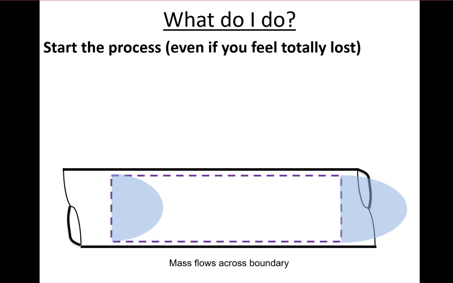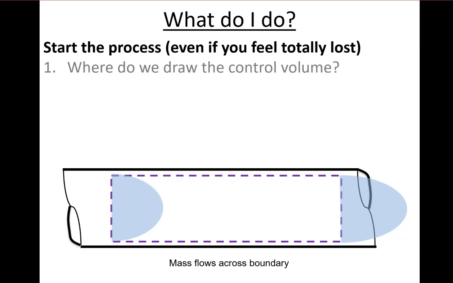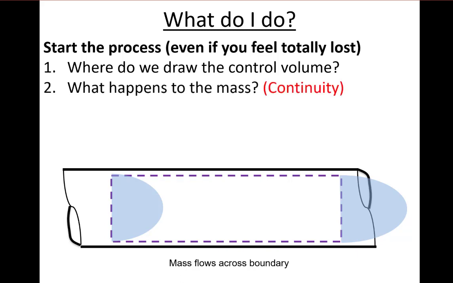I think I said this before last exam too, but generally, if you feel totally lost in this exam, what I would do is write down conservation of mass, because that'll let me figure out what's going on with the mass in my control volume. Well, I guess the first point here was not conservation of mass.